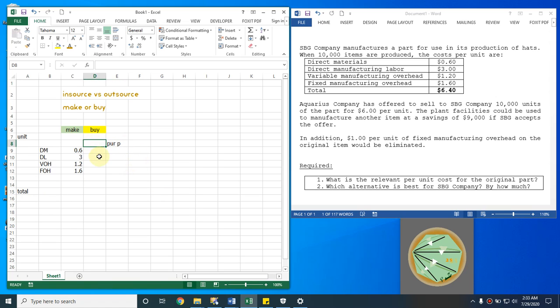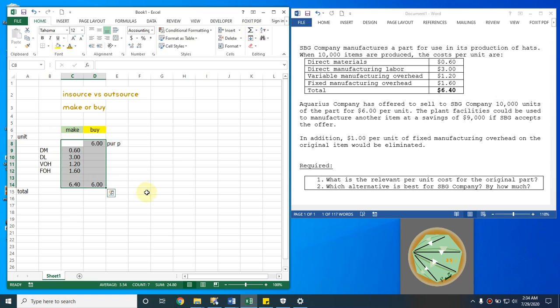Okay, so now we have posted the individual costs. So again, if we have to summarize them on a per unit basis, we have the sum of 6.4 for the make option, and we have 6 for the buy option.